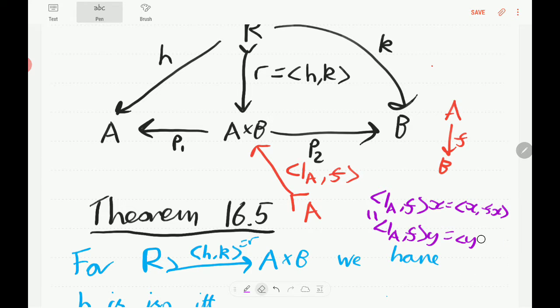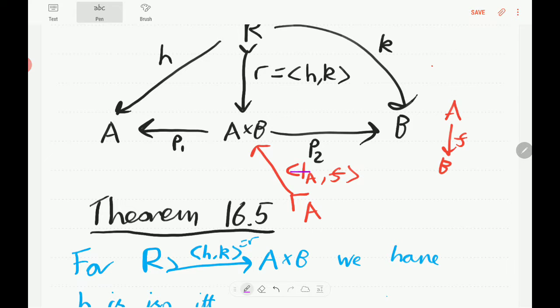So x must equal y. And therefore, this arrow has the property that if doing it after x gives the same result as doing it after y, then x has to equal y. Therefore, this is a monomorphism. But if you think about it, this is really much more. Maybe it's not immediately obvious, but it is in fact the case that this really has all the information of this arrow f.